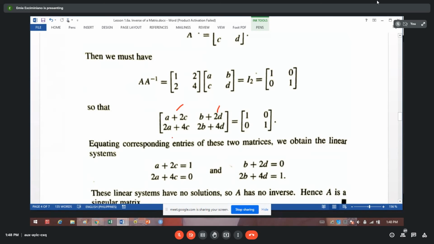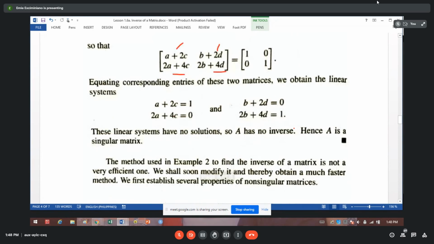Second row, first column. Second row, second column. Okay? Pag minultiply nyo yan, it should be equal to the identity matrix. And then, equate nyo siya sa mga corresponding values nitong nasa left-hand side to the right-hand side. Dapat kung saan nakapwesto, ha?